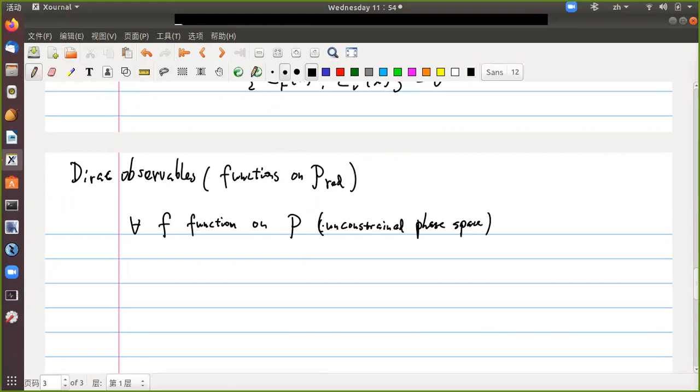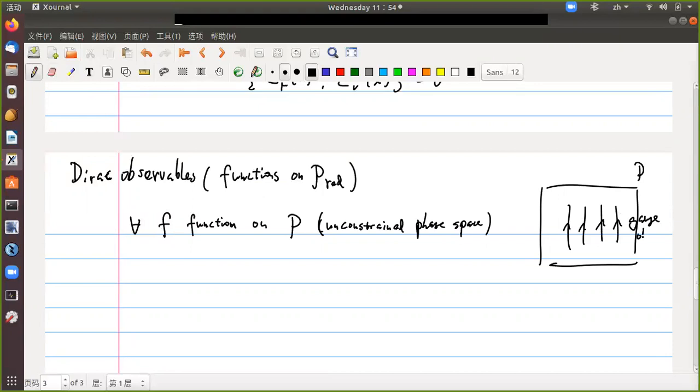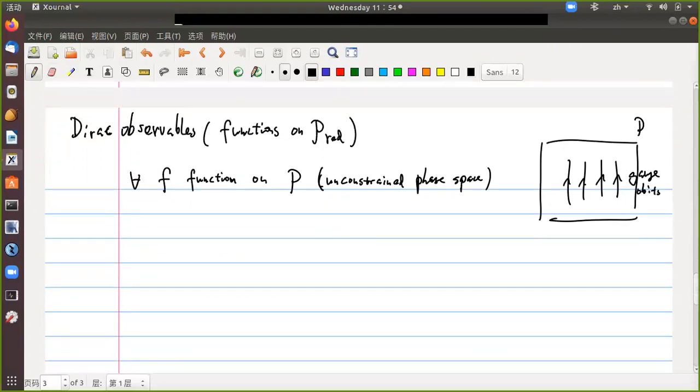Suppose this is the unconstrained phase space, and you have gauge transformations running on the phase space, so it gives gauge orbits. Because this is the unconstrained phase space, we haven't modded out the gauge yet.